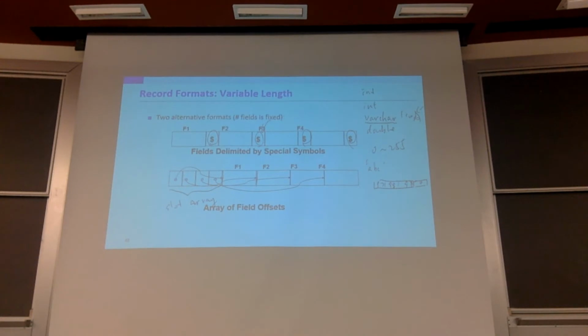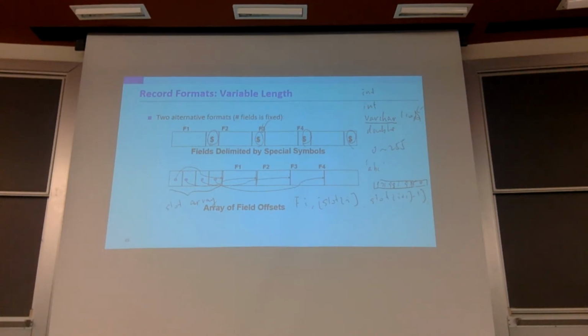So in general, for field I, the start of it will be slot I, and the end of it will be slot I plus 1. That's something like this.